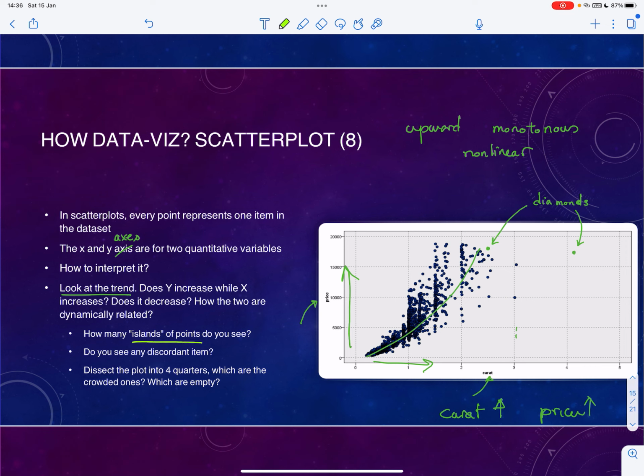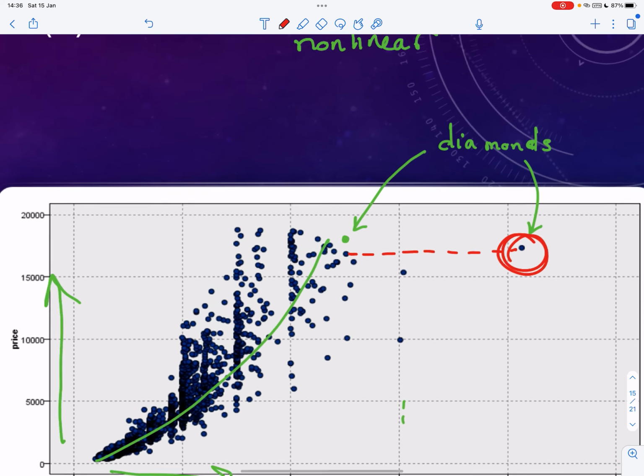What next? So these are islands. Discordant items. Well, this one here, to me, this is quite discordant. Still, it has high carat and high price, so it's part of the trend. However, there are diamonds with similar price and lower carats, and there is no diamond close to it.